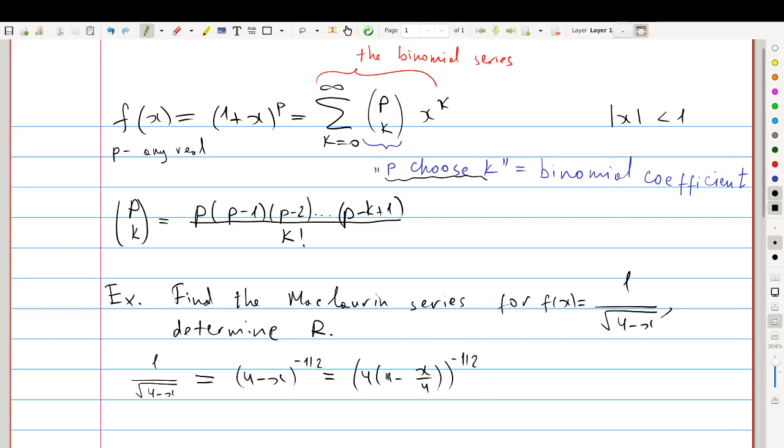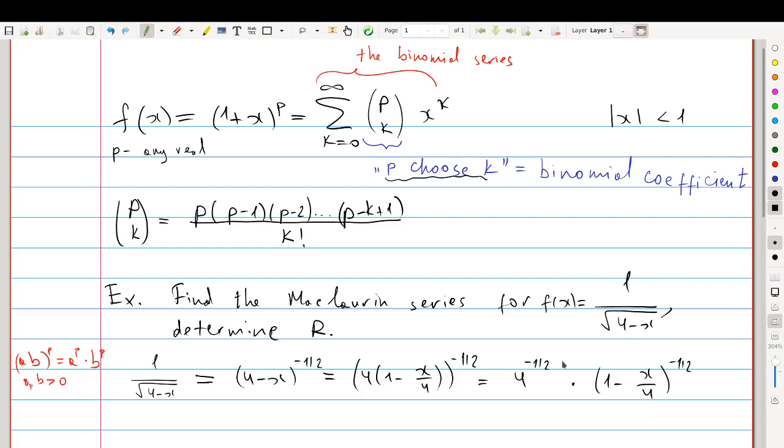Of course, at this stage, we can use that if a product of two numbers is raised to a power, it's the same as multiplying the two corresponding powers of our numbers. This is what we're going to do over here. Now we have 4 to the minus 1/2 multiplied by (1 minus x over 4) to the minus 1/2.